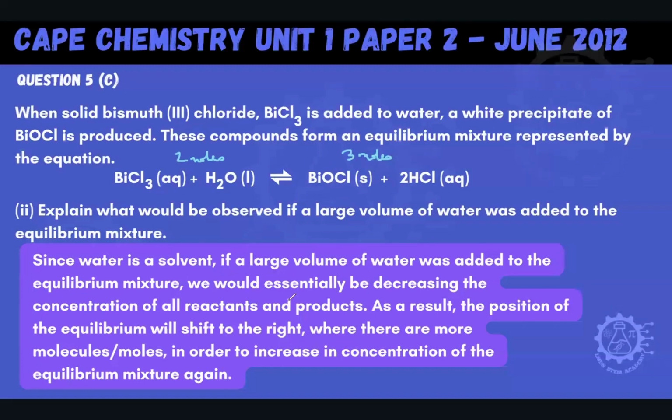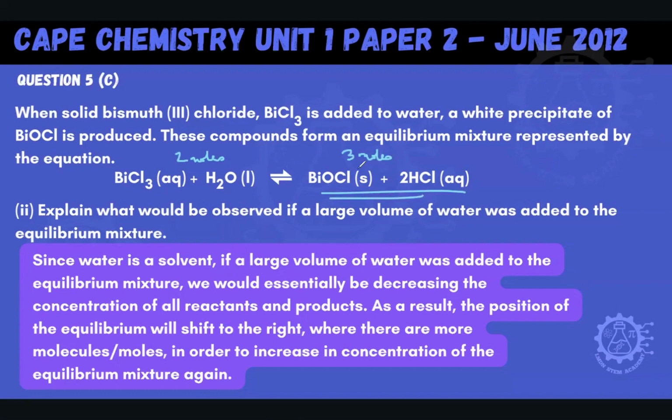And so as a result, the position of the equilibrium will shift to the right, where there are more molecules or moles, in order to increase the concentration of the equilibrium mixture again. Okay? So if you drop it, it has to find a way to come back up. And that's what the water did. And so it had to find a way to come back up, so it shifted to the right, where there were more moles.